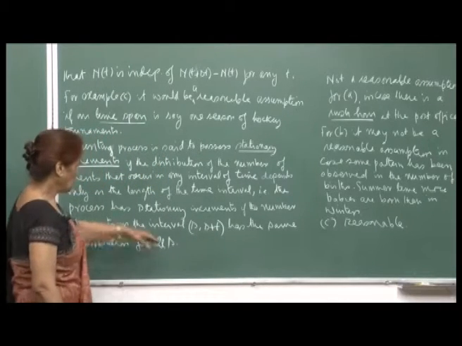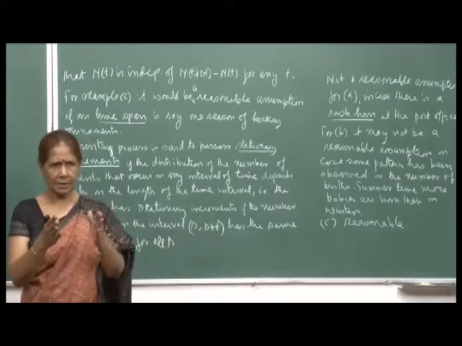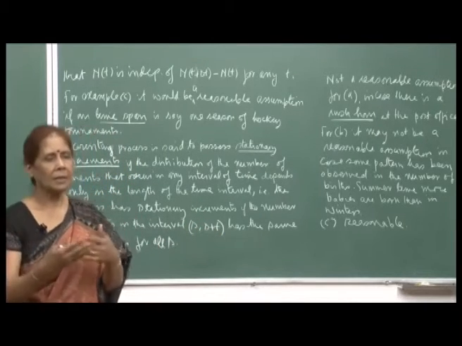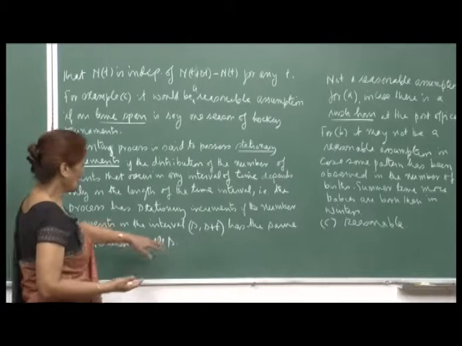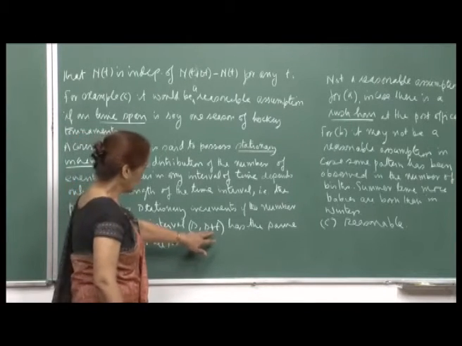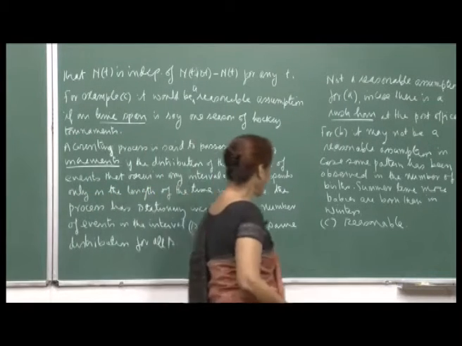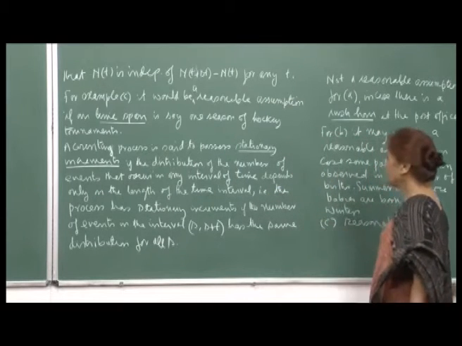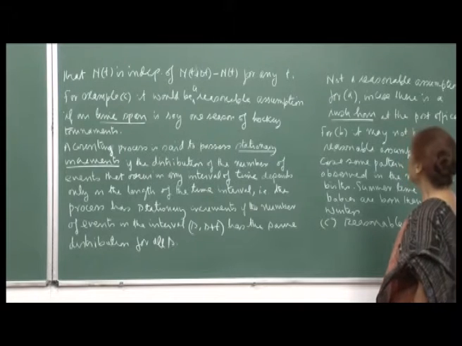It will not matter what value s takes; as long as the interval has length t, the number of increments during this interval depends just on its length. Now, we can again see whether this is a reasonable assumption for all those counting processes.